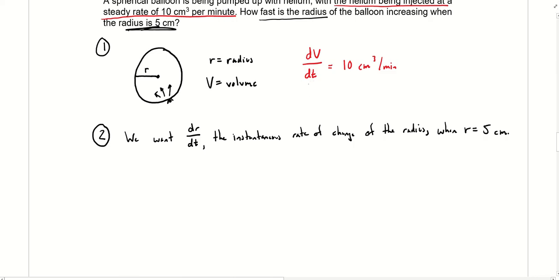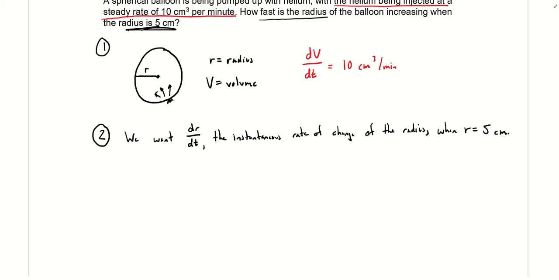The reason I'm using this notation is because once we start expressing these quantities in terms of equations, the t is going to sort of disappear. This notation helps us remember that when we're taking the derivative of things, it's with respect to t, even if t isn't explicitly showing up in our equation.